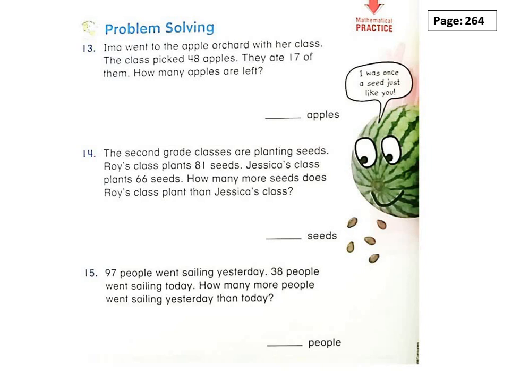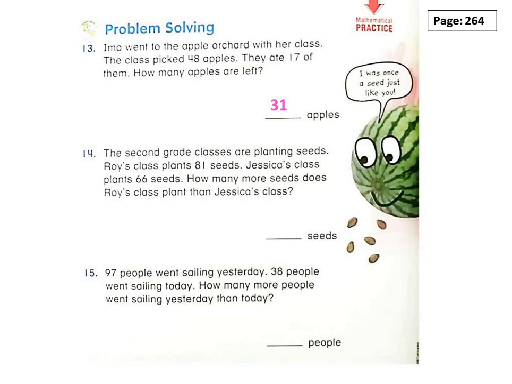How can we solve this problem? We will find 48 minus 17. So what do you think the difference is, grade 2? 48 minus 17 equals 31. Excellent, grade 2. Great job.